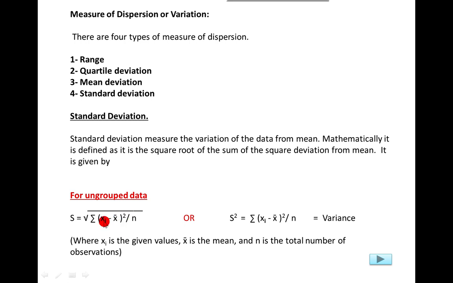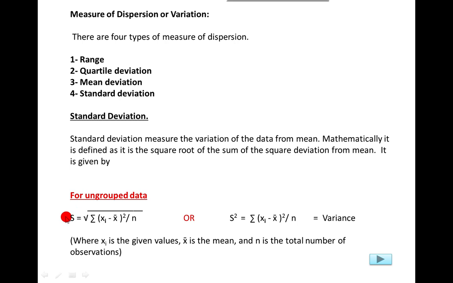So if you subtract individual value from mean of the data and then take square of this deviation and then sum all values, then divide by number of observations, you will obtain this standard deviation after square root.